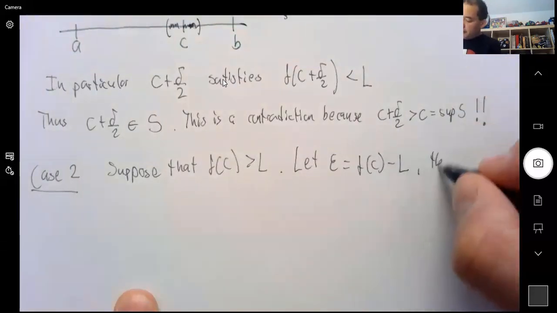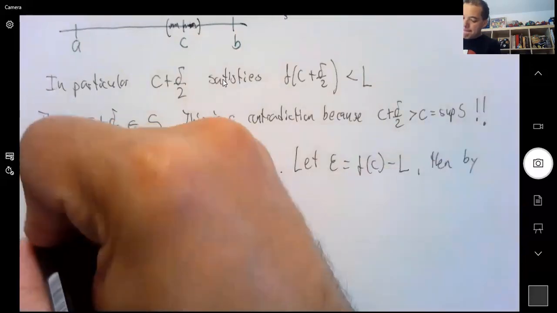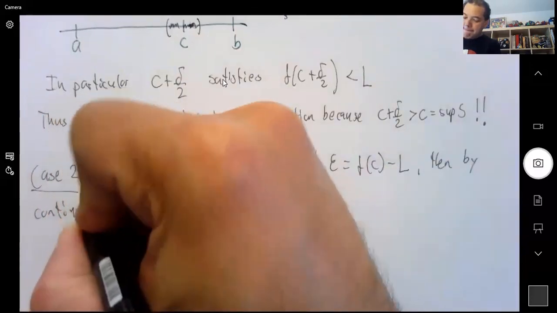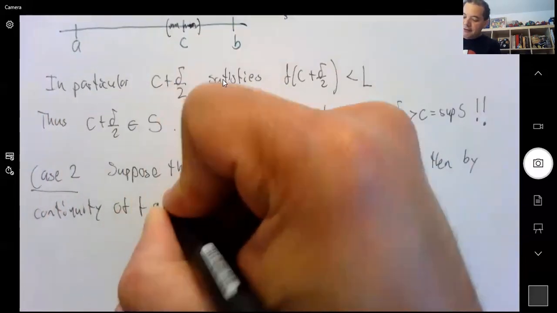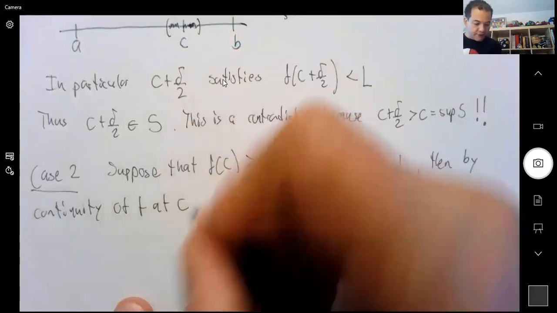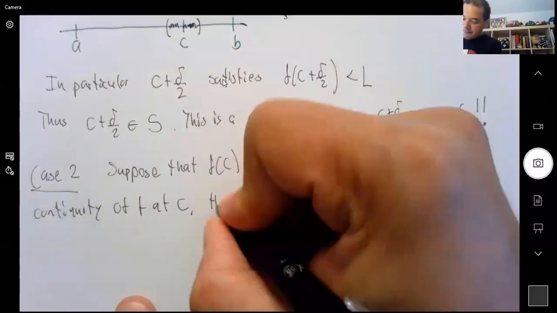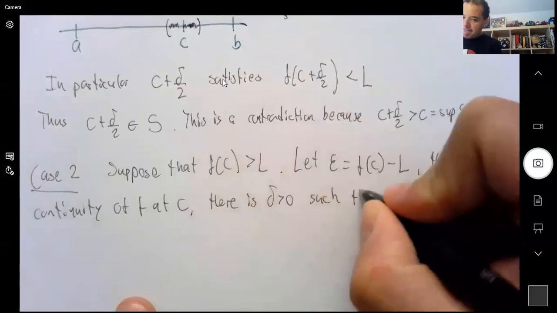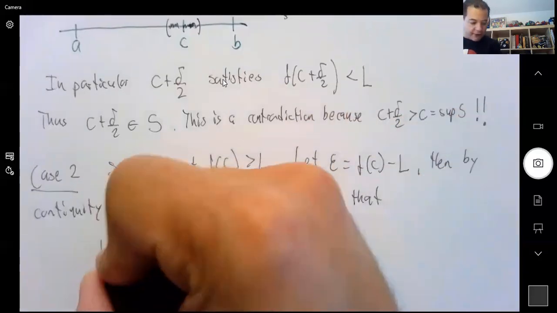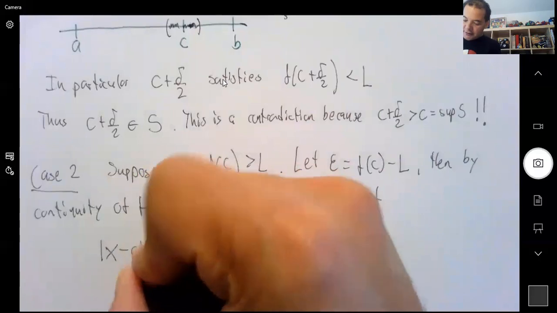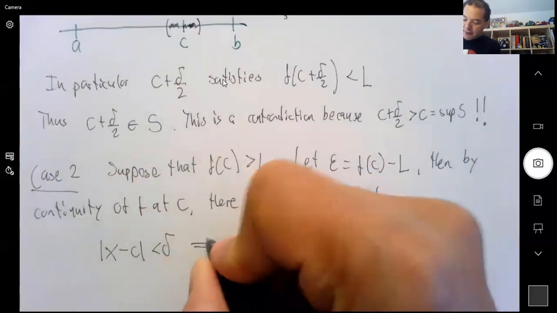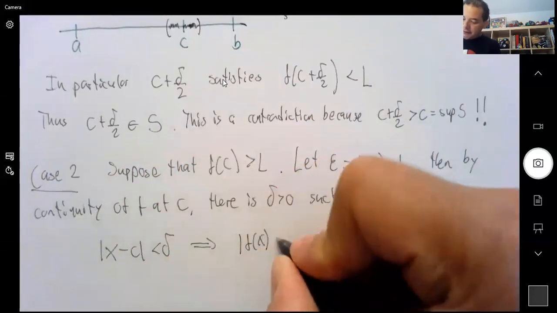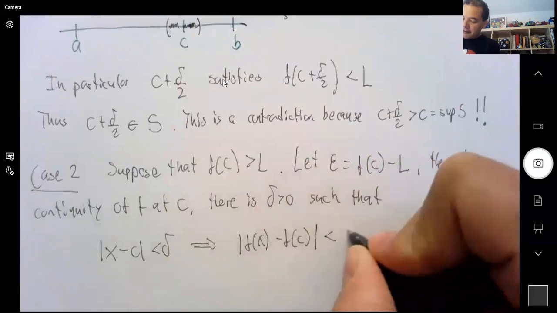Then by continuity of the function at C, there is some delta such that if |x minus C| is less than delta, then |f of x minus f of C| is less than epsilon.